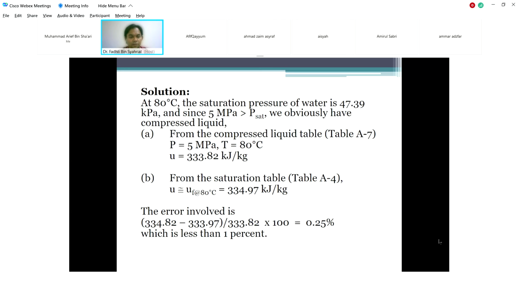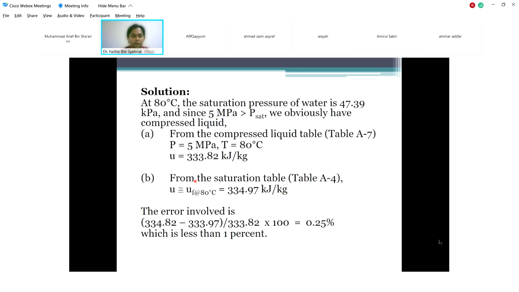So that is the other value of internal energy for compressed liquid, because table A7 is only used for compressed liquid water, not for other phases. Please remember that. Now we have two sets of values, 333.82 kilojoule per kilogram and 334.97 kilojoule per kilogram.